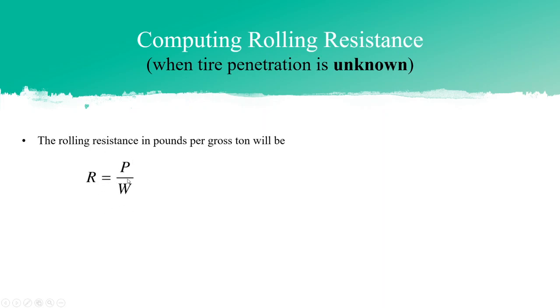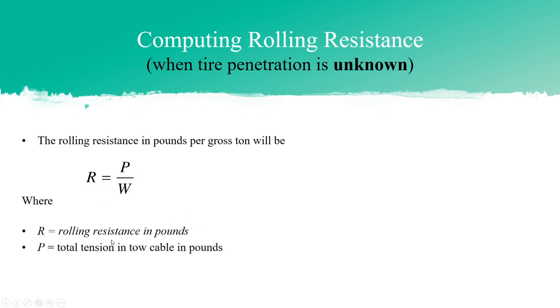Okay, but what is P and what is W? R is obviously the rolling resistance that we're trying to find, and it is in pounds. P is the total tension in the tow cable, also in pounds.